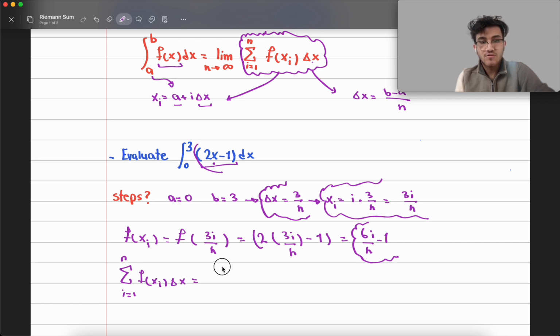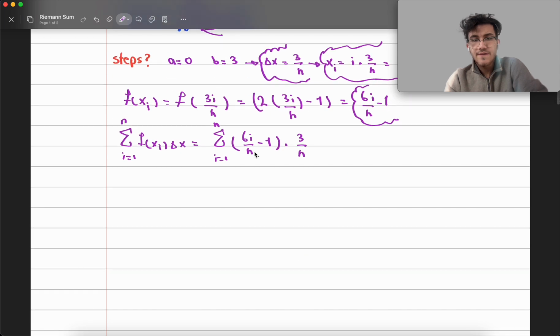This is exactly equal to the sigma of 6i over n minus 1 times delta x, which is 3 over n. I've also explained the sigma notation in my other video, which I'm going to include in the caption below. So go and see it just to understand what sigma notation does and how we can use it here.